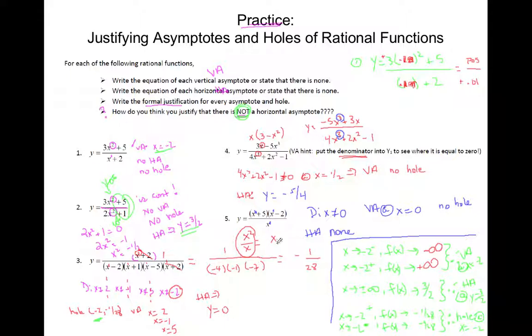Positive x. Plug infinity into there. What happens? Plug infinity into x. Doesn't it go towards infinity? So 1,000,000, 100,000,000, a gazillion. When you plug in a gazillion, you get a zillion back. So as x approaches positive infinity, this rational function approaches infinity. How about as x approaches negative infinity?